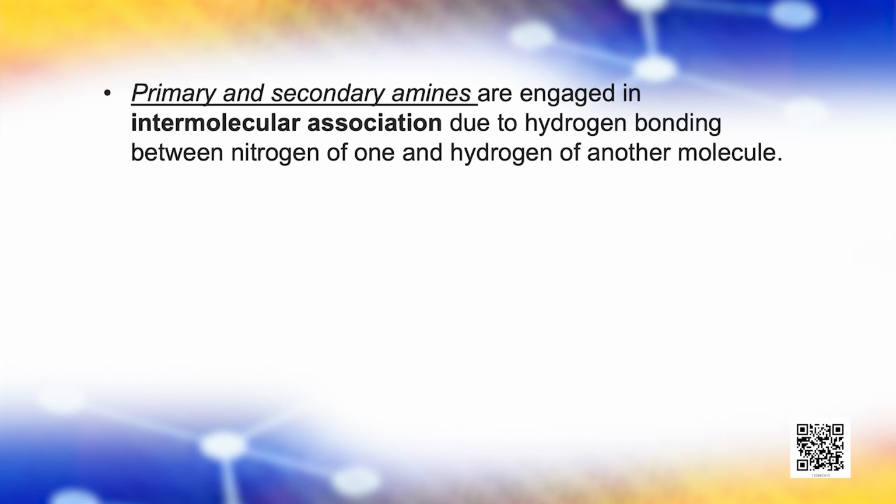Primary and secondary amines are engaged in intermolecular association due to hydrogen bonding between nitrogen of one and hydrogen of another molecule. This intermolecular association is more in primary amines than in secondary amines, as there are two hydrogen atoms available for hydrogen bond formation in it.